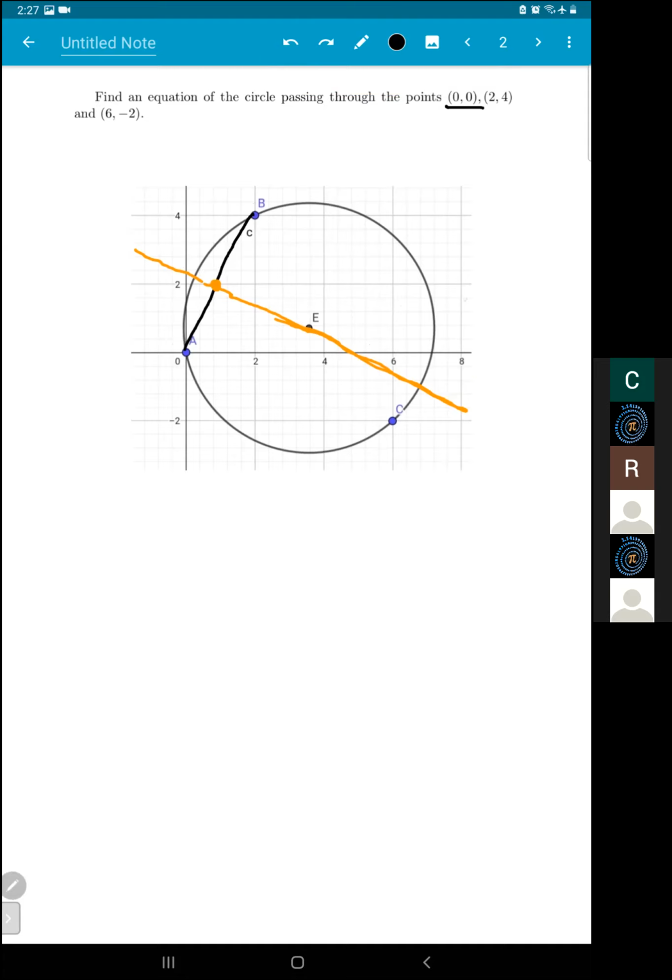So that means we could get the equation of this. Now, gagamit ako ng system. I want to set up a system that will allow me to get the coordinates of the center E. How do I get another one?